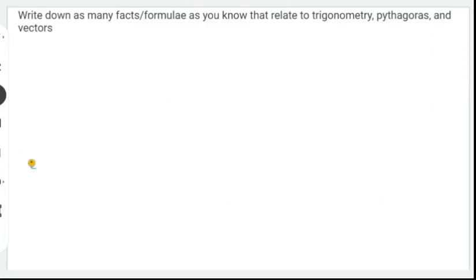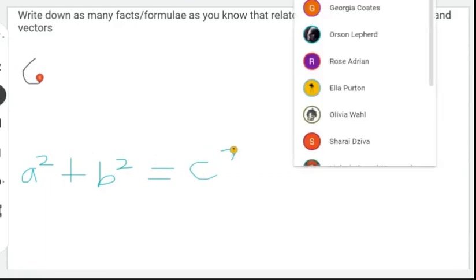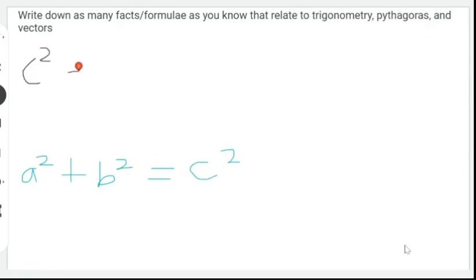Vectors. And there's lots that we've done. Yes, a squared plus b squared equals c squared. Someone's writing c squared minus a squared equals b squared.